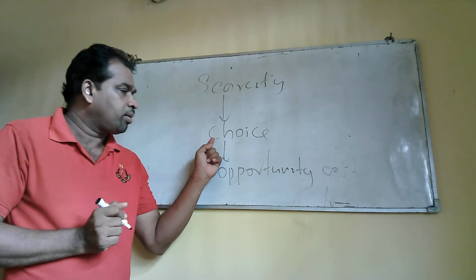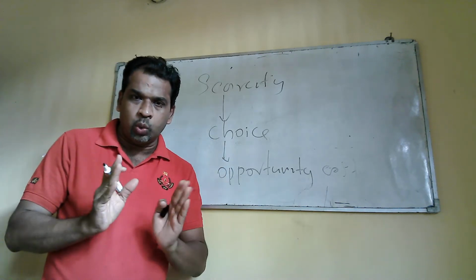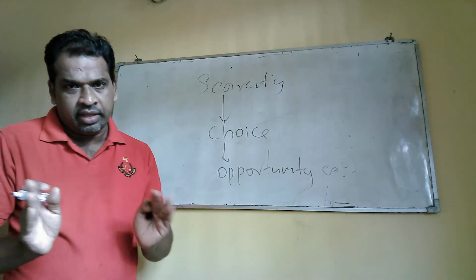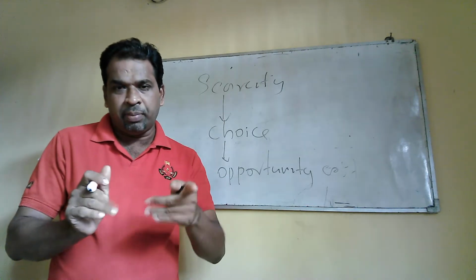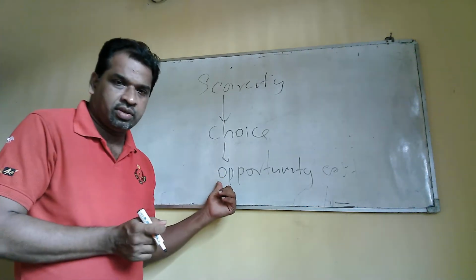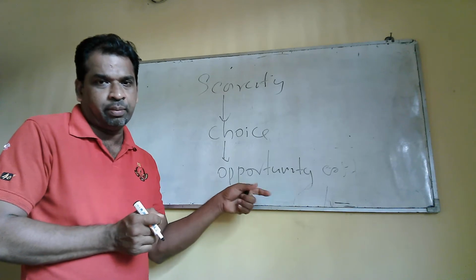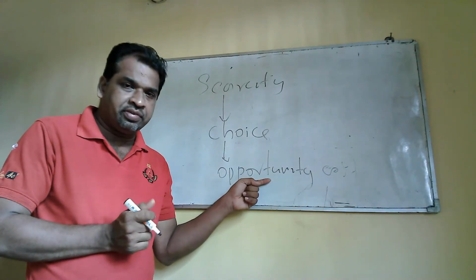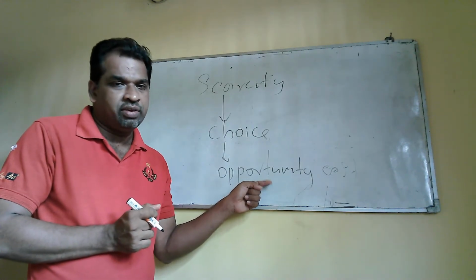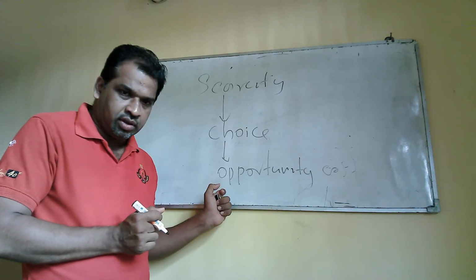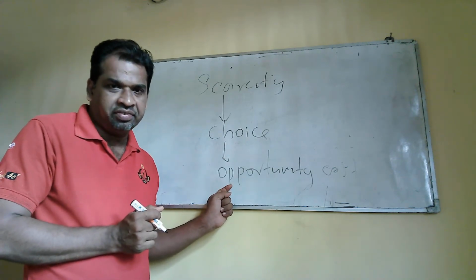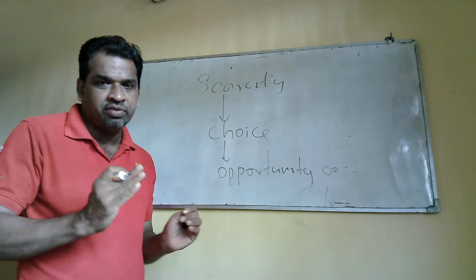Okay. When you select the best option, you have to reject all the other options. Among the other options, the best one is called opportunity cost. Or you can define it as the cost of the next best alternative foregone.